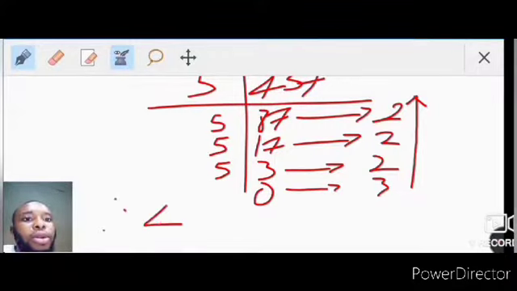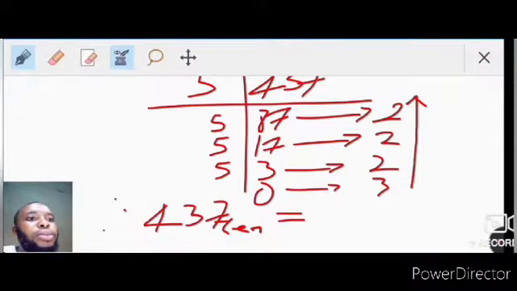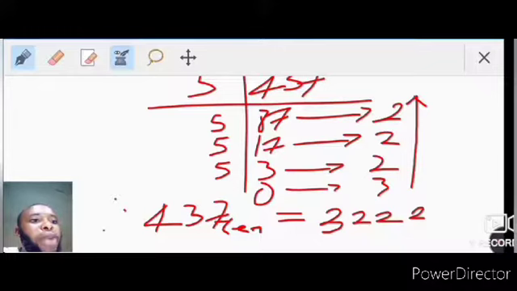Therefore, 437 base 10 will be equal to 3222 base 5.